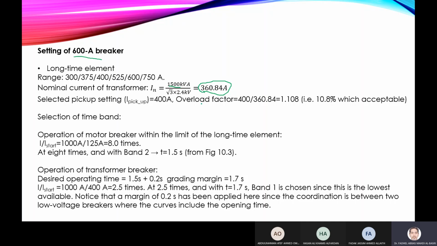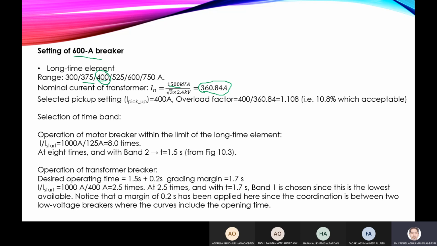This is the full load current. And now, based on this, this is very close, okay? It doesn't give me the margin, so I'll pick now the 400 ampere, and 400 ampere gives me a 5% margin.